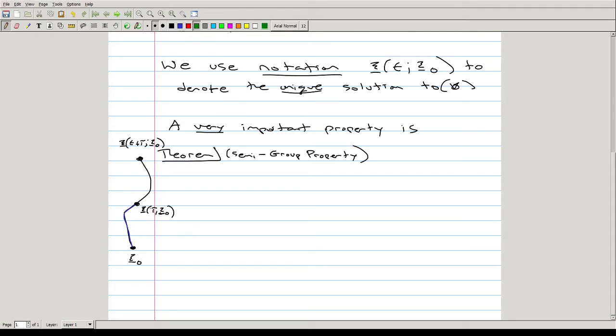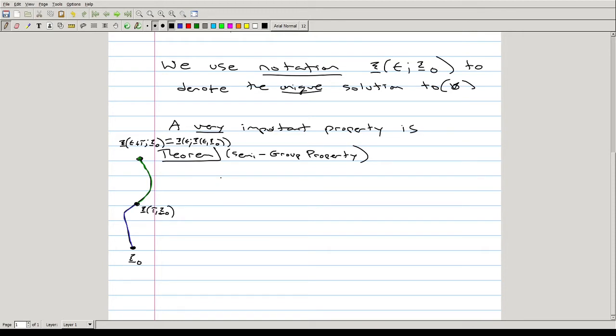If we start with the new initial condition, which is this right here, and follow the orbit, we're going to end up exactly at this point right here, because t and tau are arbitrary. We can choose any point t and tau on an orbit, but this point right here has to be equal to the value xi of t comma xi of tau comma xi naught, or the solution along the orbit starting at this point as an initial condition.